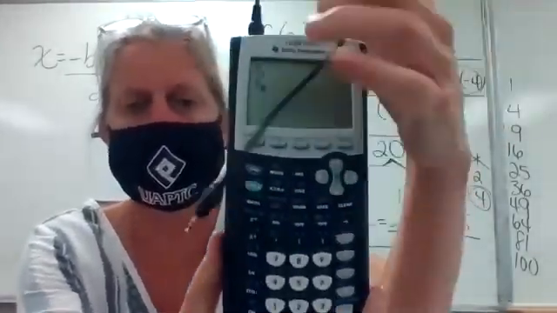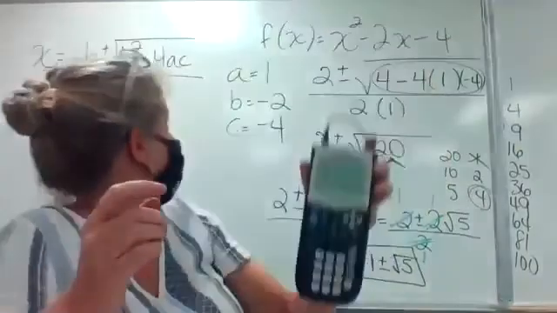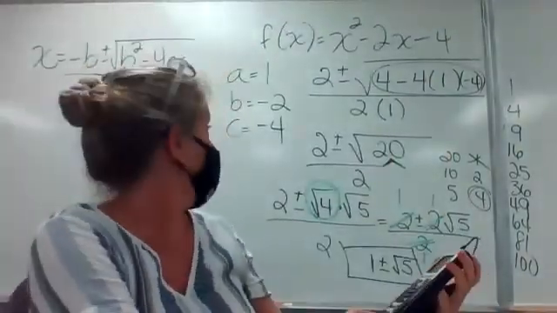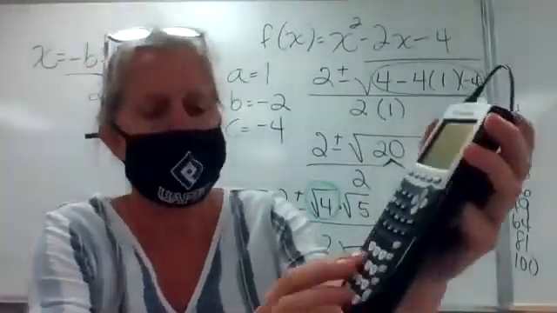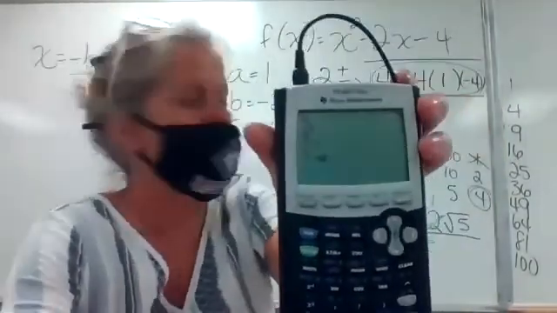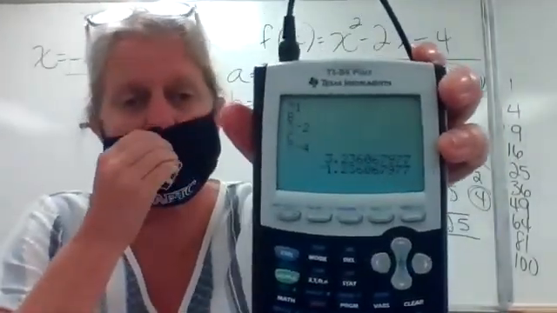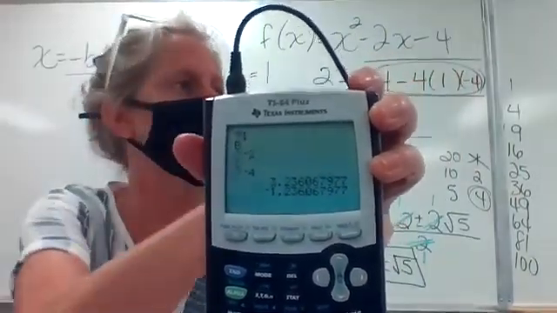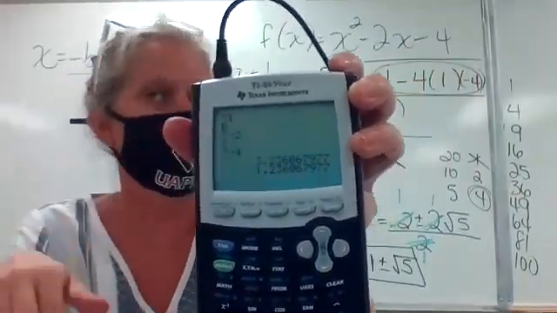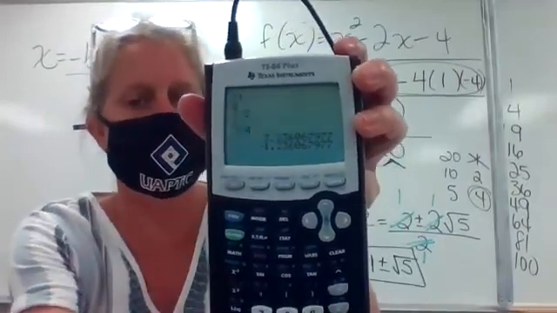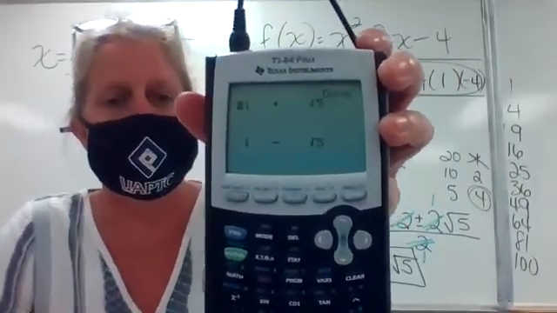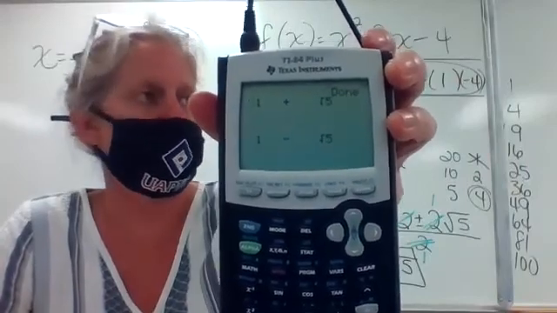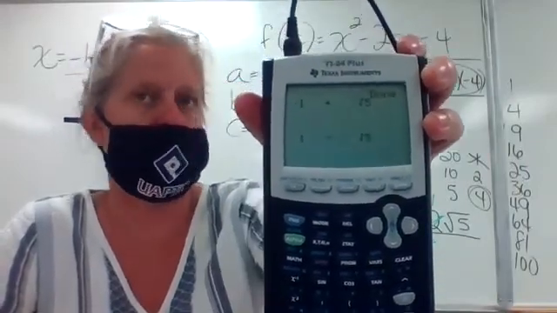Then it's going to say, what's your B? My B is -2, enter. And then it's going to say, what's your C? Mine is -4. The first thing it's going to give you is the decimal solutions, the approximate solutions. When it asks you for approximate, this is what you use. You hit enter again and look what it has. 1 plus the square root of 5, 1 minus the square root of 5.